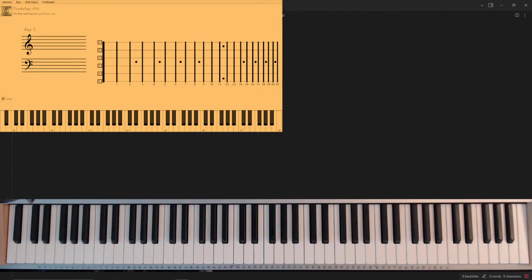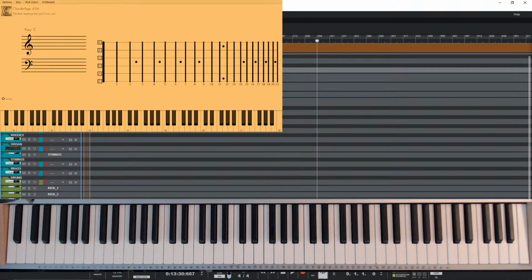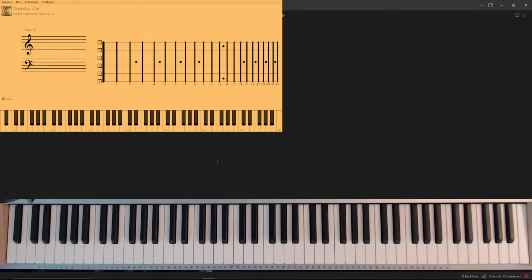Drop 2 voicings. What is it? Why is it helpful? What can we do with it? What does it mean? If we look at QWERTY, example 1, F major.